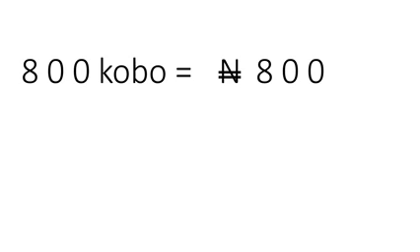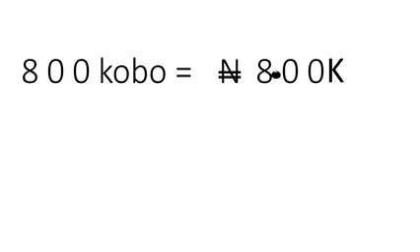Now remember, there's a decimal point here. I'm going to move it how many steps? 2 steps. 1, 2. So I'm going to have 8 Naira, 00 Kobo.